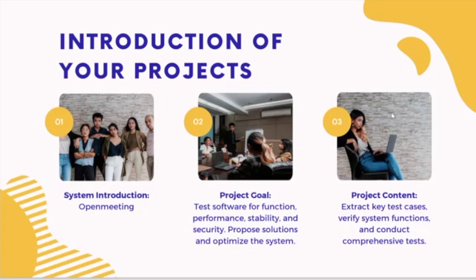And the project content is extract key test cases, verify that system functions meet user requirements, building compatibility and performance test environments, conduct function, performance, stability, and security test. And we also finish the test report.